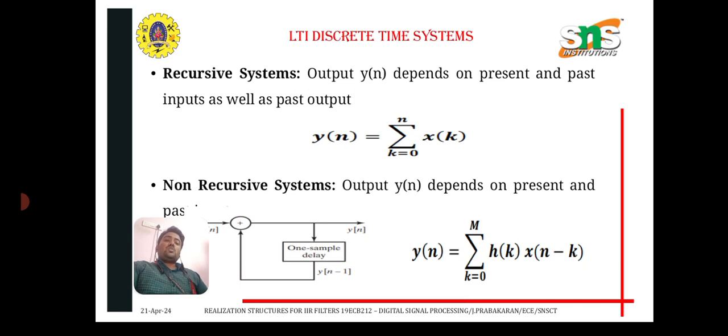And you also know what a recursive system is. Already we discussed recursive and non-recursive systems. Once again, in a recursive system the output y of n depends on present and past input as well as past output. The non-recursive system means the output y of n depends on present and past input.